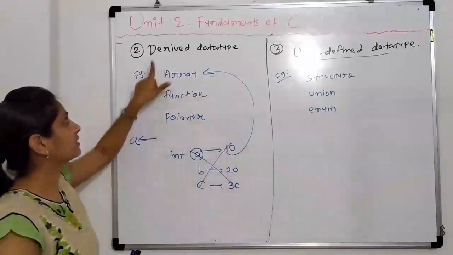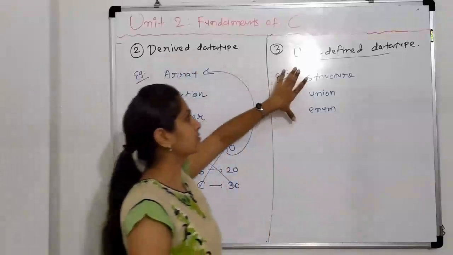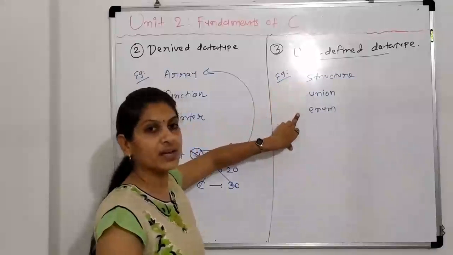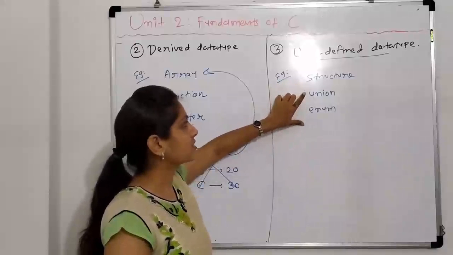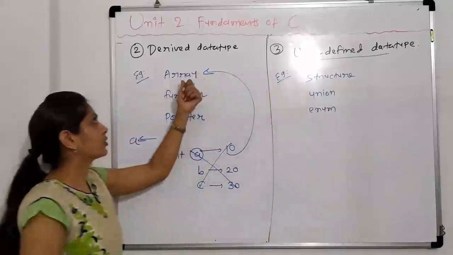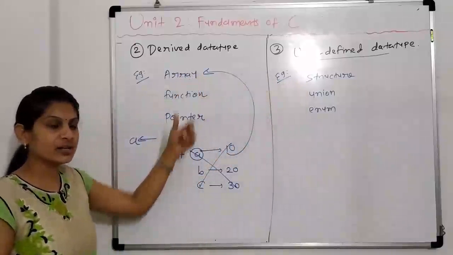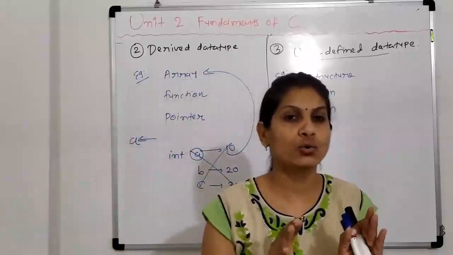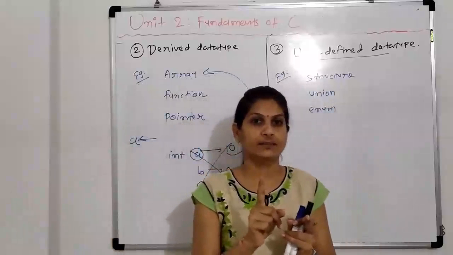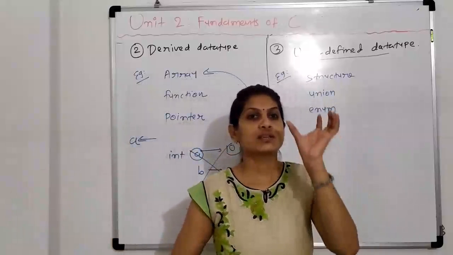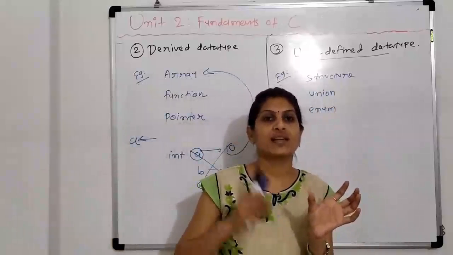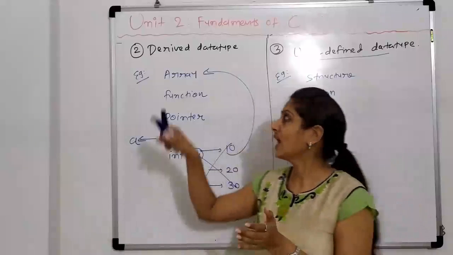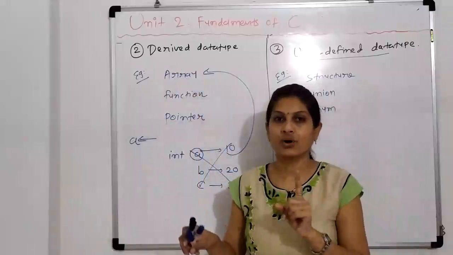So these three are the derived data types and these three are the user defined data types, that is structure, union and enum. Now what is structure and union? The drawback of an array is what? In an array you can combine multiple values of the same category. Suppose you want 5 integer data and 5 float data combined in one array, then it is not possible.